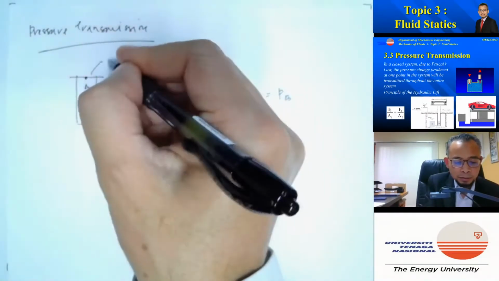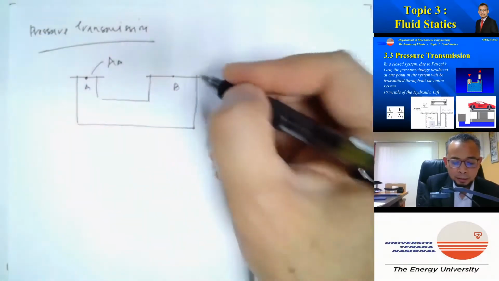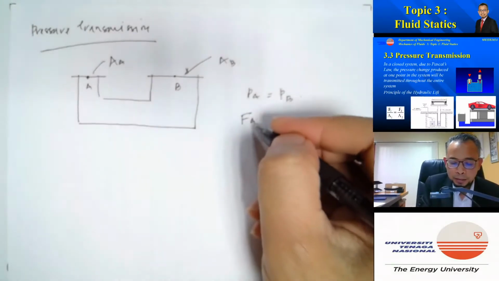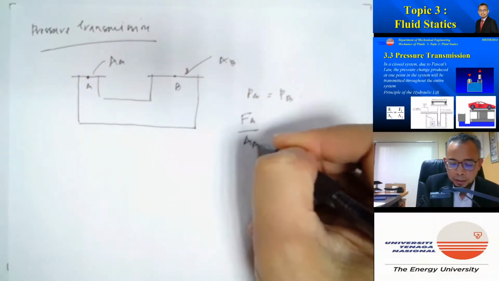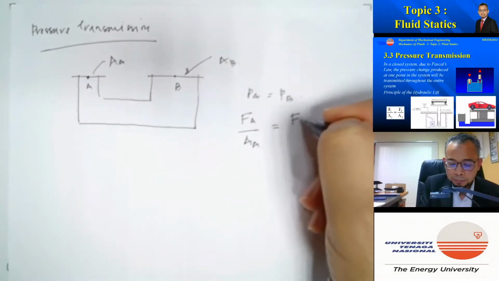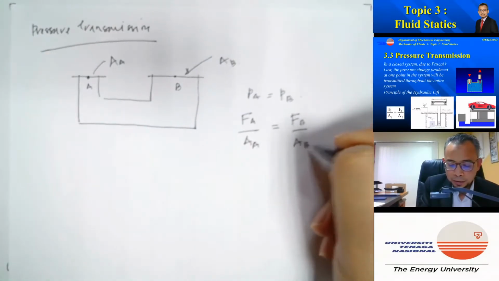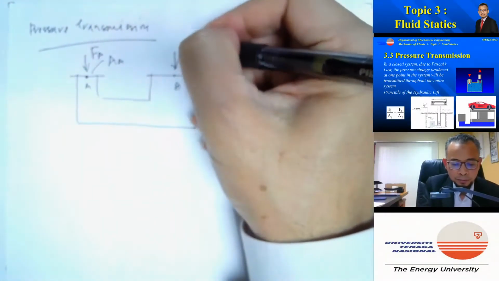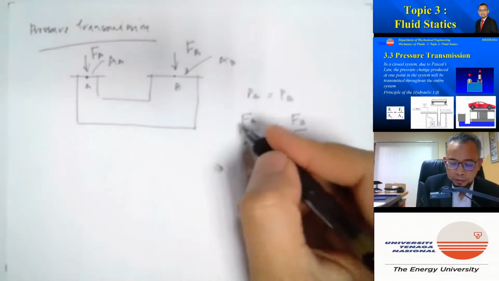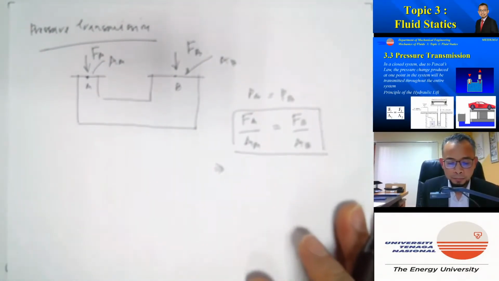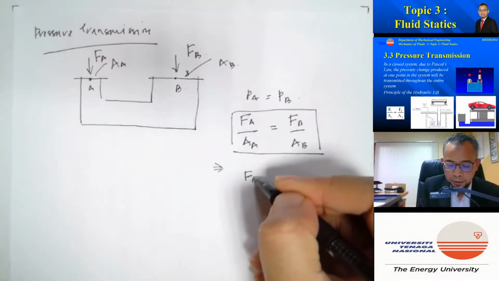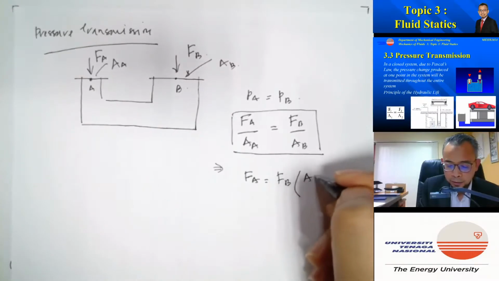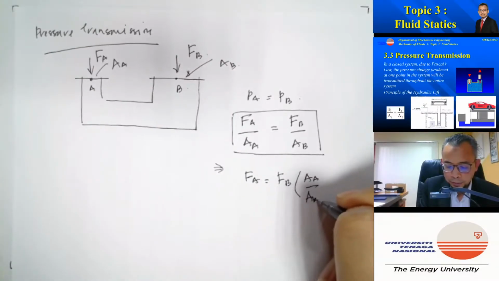Then if this area is AA, and this area is AB, since PA is equal to FA divided by AA, then PB is FB divided by AB, where FA is the force applied here, and FB is the force applied here. We can write this equation here. So we can write FA is equal to FB times AA over AB.